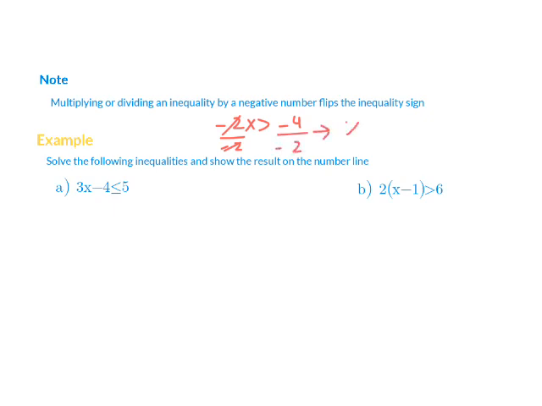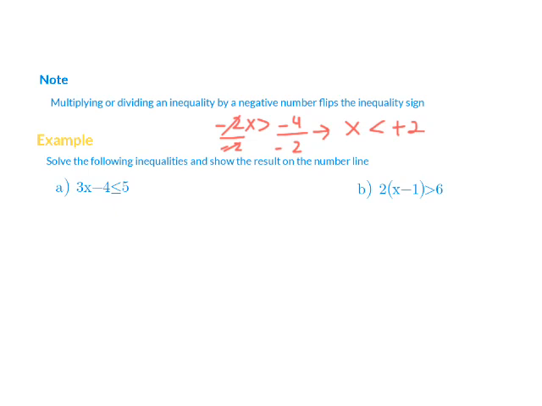So, x becomes x less than positive 2 because I divided my inequality by a negative number. So, I must flip my sign.